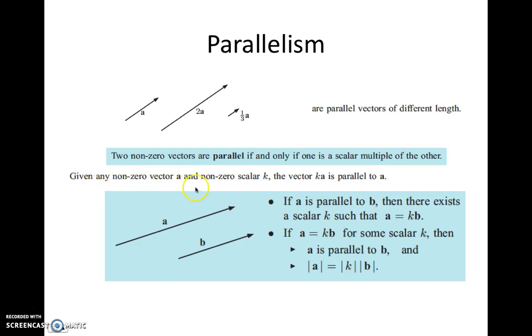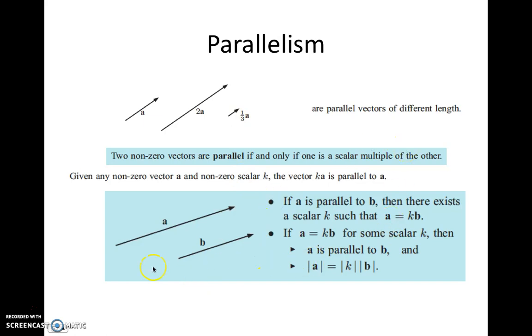Given any non-zero vector A and non-zero scalar K, the vector Ka is parallel to A. Each of these has some kind of factor of A in it, it's just that they've been multiplied by different things. Here it's multiplied by 1, multiplied by 2, and multiplied by 3. So they have different lengths, different magnitudes, but they've got the same direction.